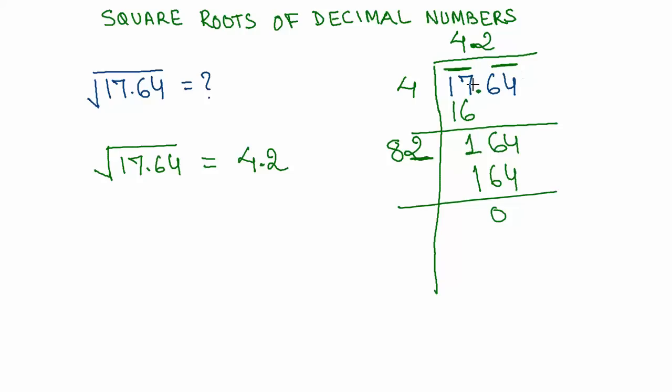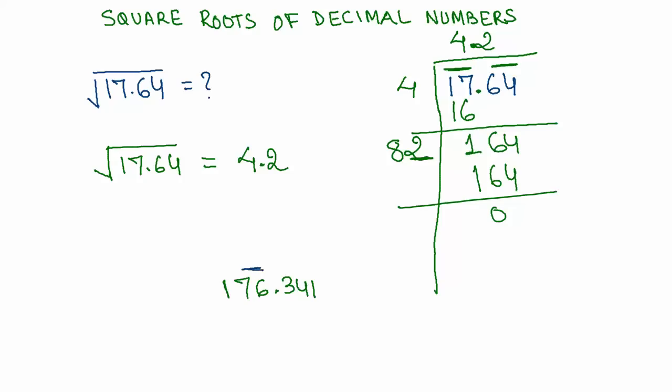Now you might have a query: what happens if there are uneven numbers? So for example, what happens if you have a number, let us say 176.341? How do you pair these numbers? In this case, as I said, the digits before the decimal are 176, so for this you begin from right to left.